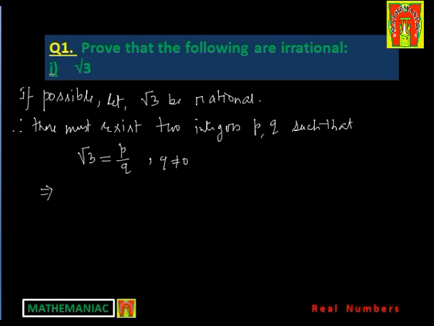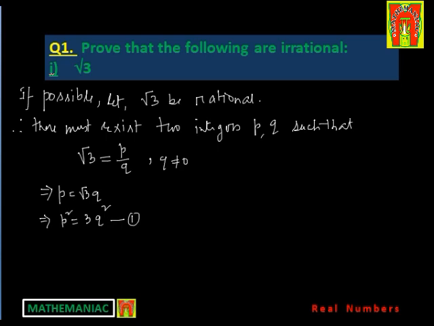Now from here, I'm going to take two steps. See, पहले square करेंगे, root हटेगा, फिर cross multiply करेंगे. Okay, I'll show that. Otherwise, you may be getting confusion. So cross multiply किया पहले, फिर हमने दोनों साइड को square कर दिया. This is number 1. Now from here just try to see, p square is equal to 3 into some integer.